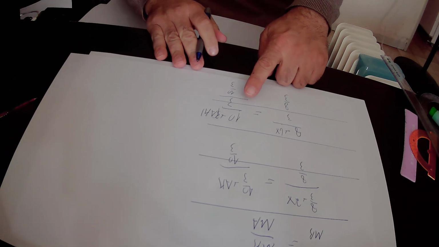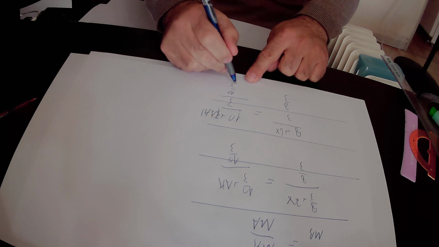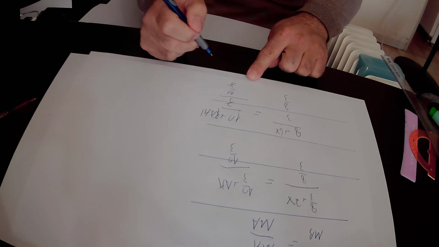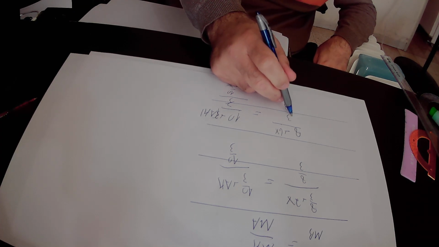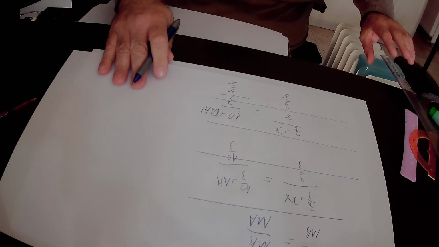Here we have 3 in the numerator and 3 in the denominator, so the 3 will get cancelled. Here also the 3 will get cancelled.